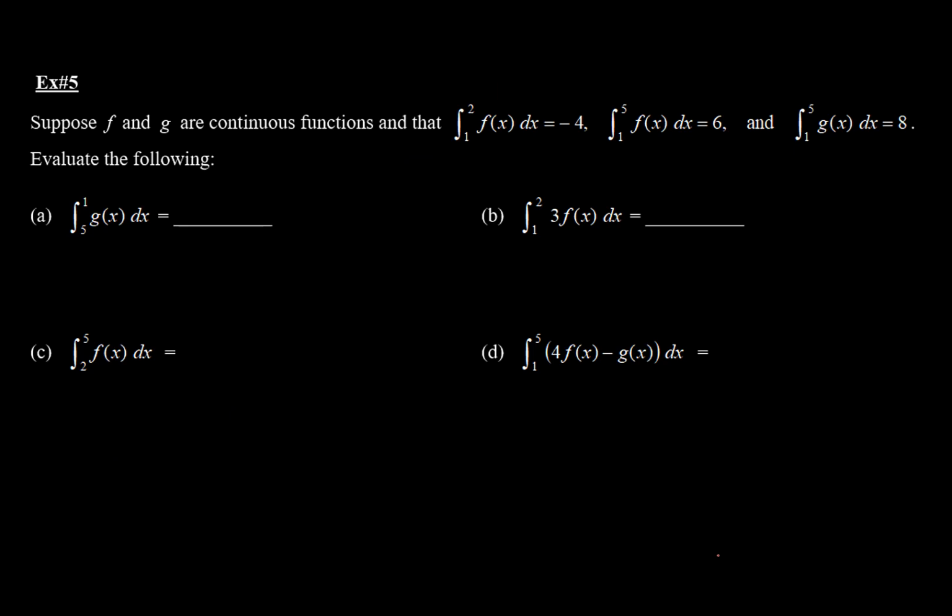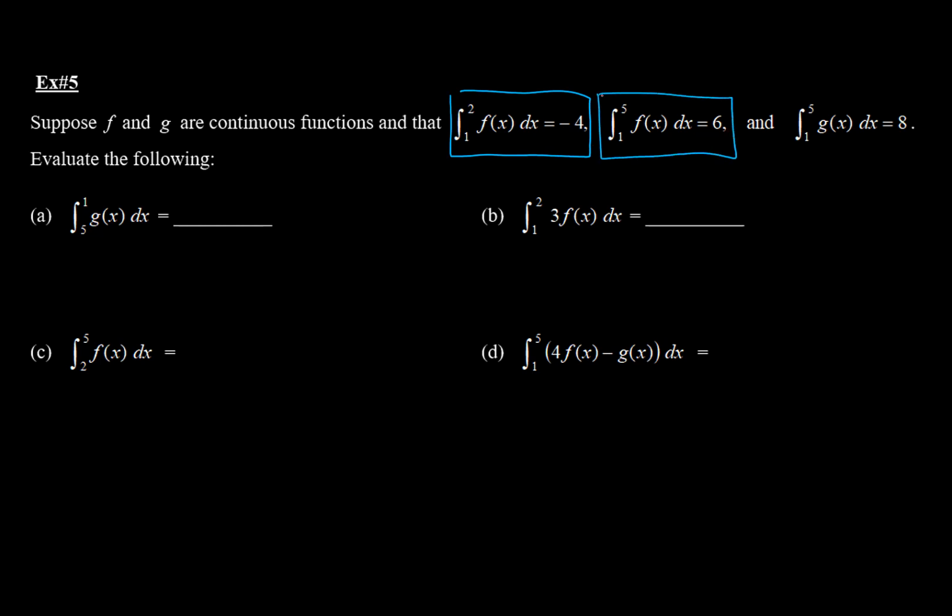All right, well, let's apply those. We got a bunch of rules. So I am going to do this function here. I want to find the integral of g of x from 1 to 5. And I look at what I have, okay? So I've got the integral of f of x from 1 to 2. The integral of f of x from 1 to 5.